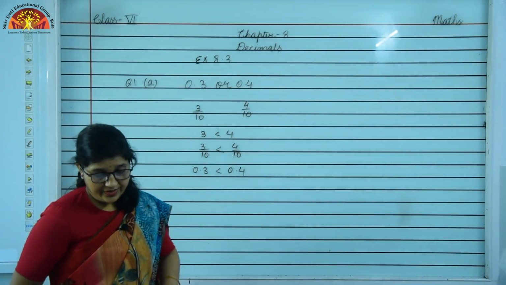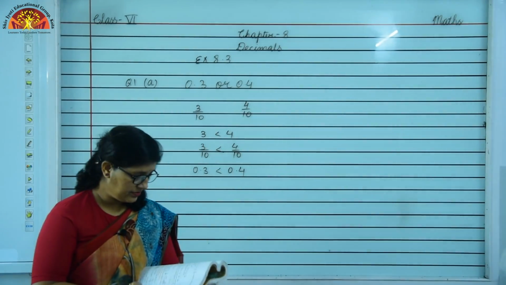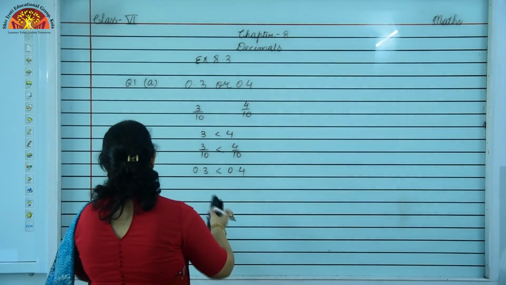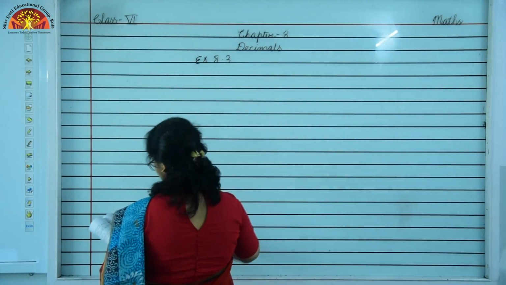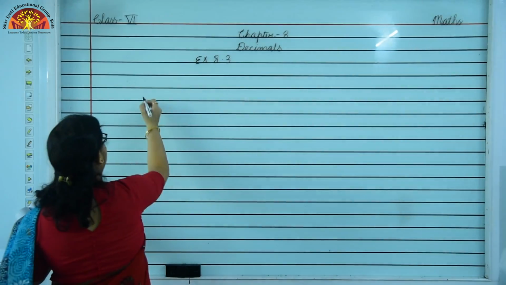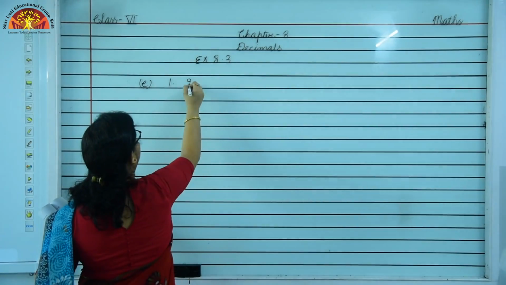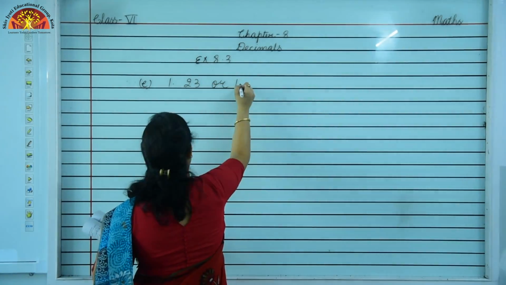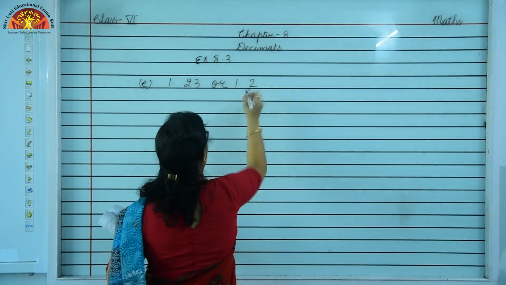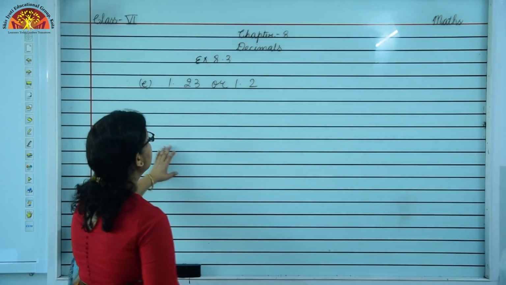Understood? Now next question is E part. E part is 1.23 or 1.2. Now we want to find which is greater and which is smaller.